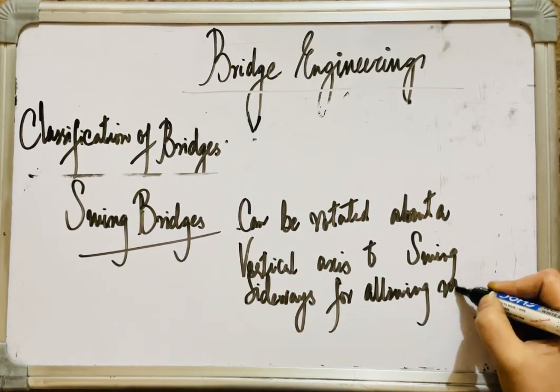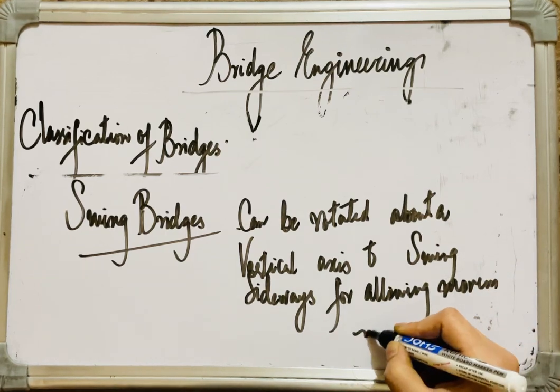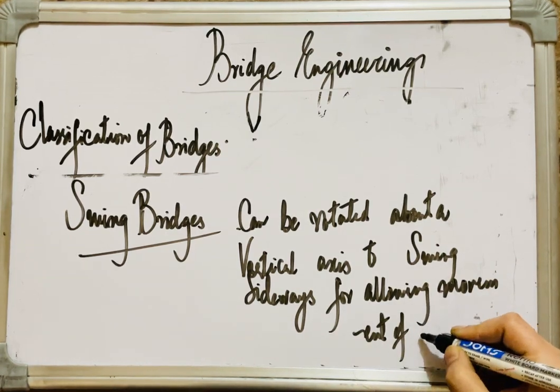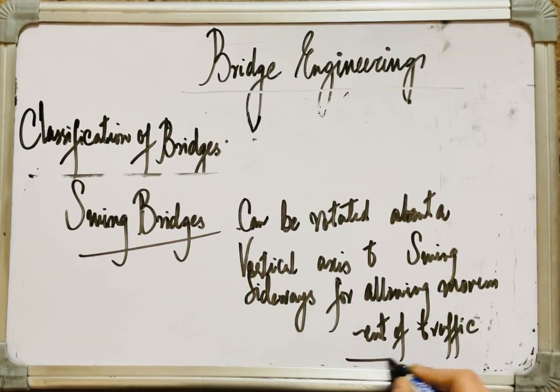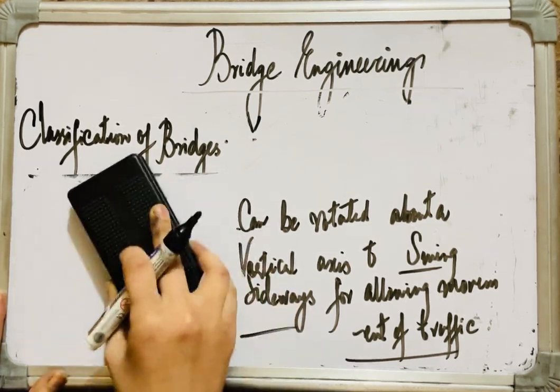So this is about the swing bridge, which can be rotated about a vertical axis to swing sideways for allowing the movement of traffic. Next one is vertical lift bridges.